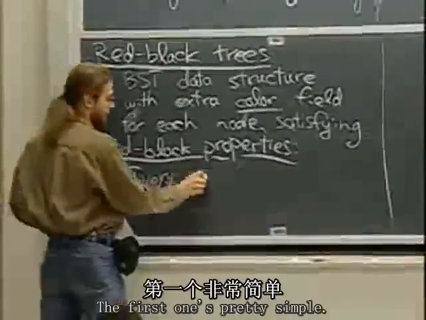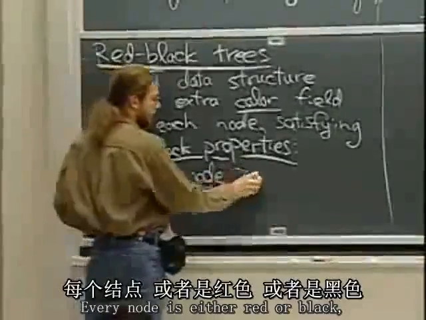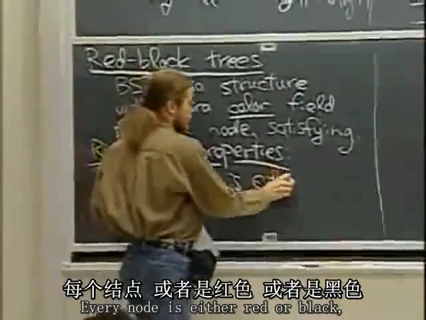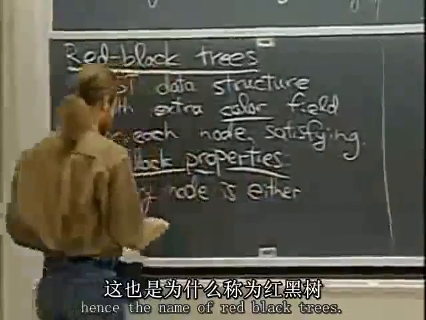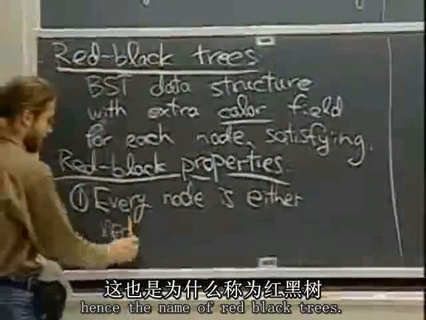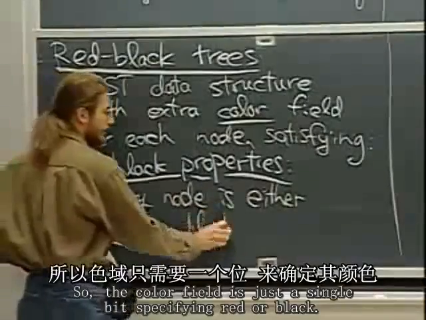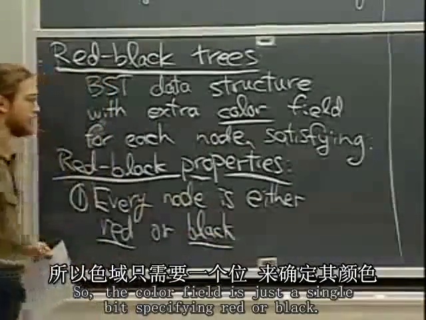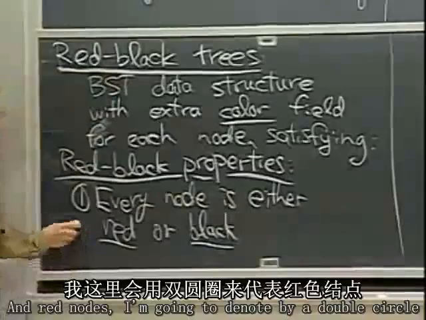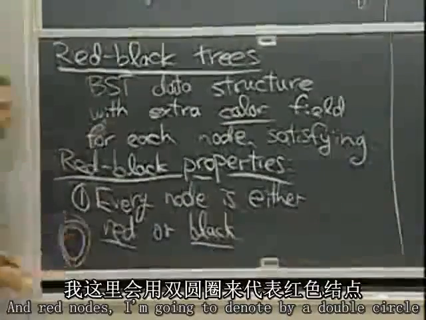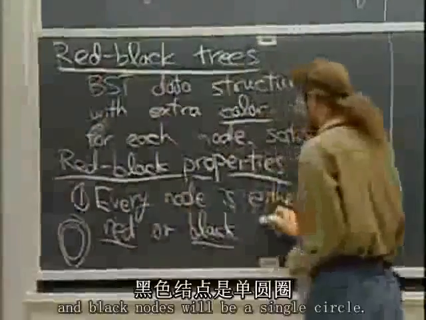The first one's pretty simple. Every node is either red or black. That's hence the name of red-black trees. So the color field is just a single bit specifying red or black. Red nodes I'm going to denote by a double circle because I don't have colored chalk here. And black nodes will be a single circle.